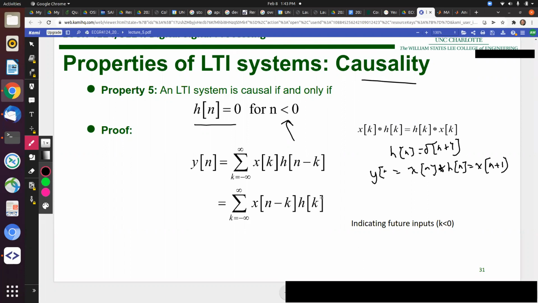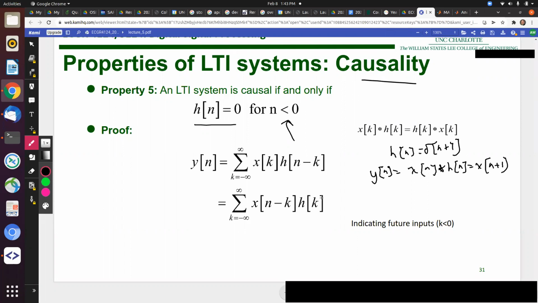Now we've already looked at this system: y of n is equal to x of n plus 1. Is that causal? y of 0 depends on x of 1. That means the current value at 0 depends on the next value of x. Is that a causal relation?